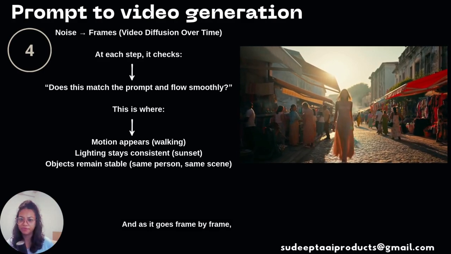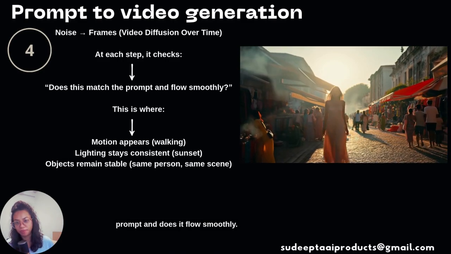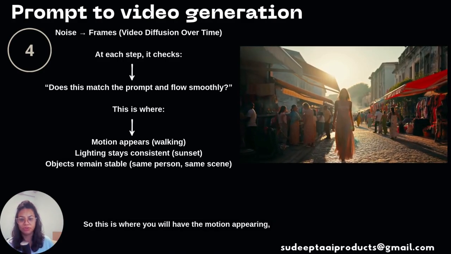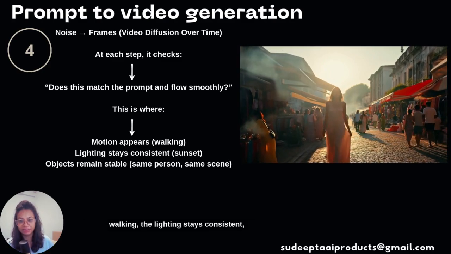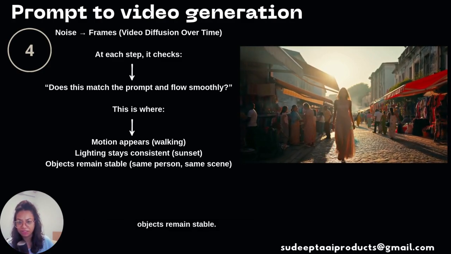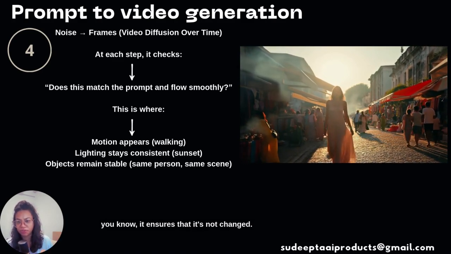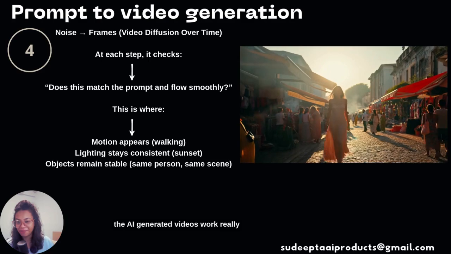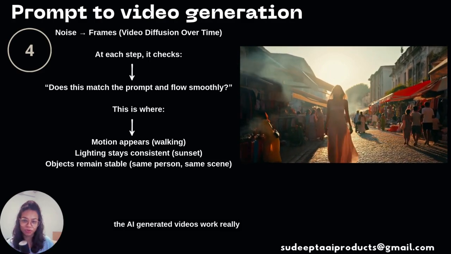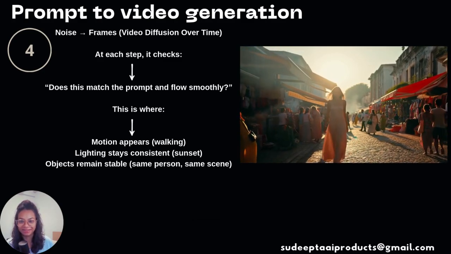As it goes frame by frame, it will keep checking whether this matches the prompt and does it flow smoothly. So this is where you'll have the motion appearing, walking, the lighting stays consistent, objects remain stable. If it's the same person, same scene, it ensures that it's not changed. And this is one of the reasons why AI generated videos work really well if you have a single character and not multiple characters.